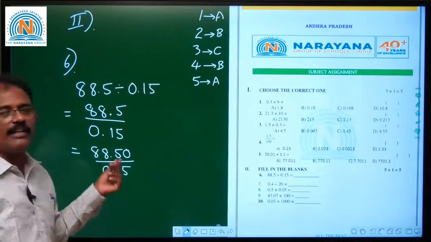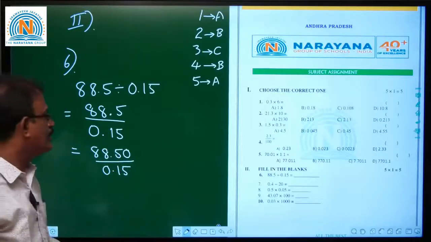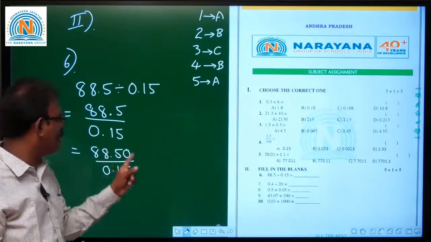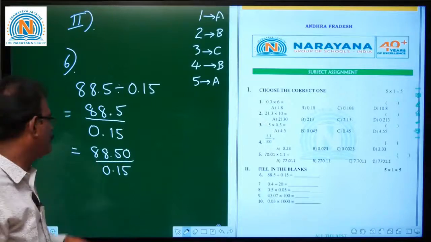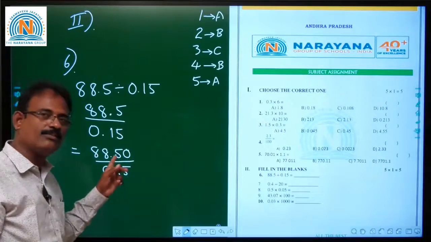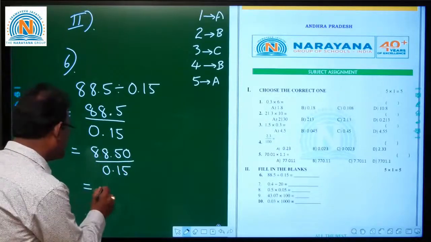To equate the number of digits in both numerator and denominator after the decimal point, let us keep 0 to the right side of 5 in the numerator. There is no change in the previous value for the numerator. Now, as we have 2 digits in the denominator as well as the numerator, it is easy to cancel the decimal point.